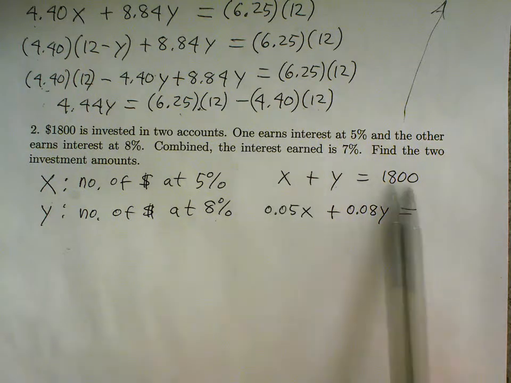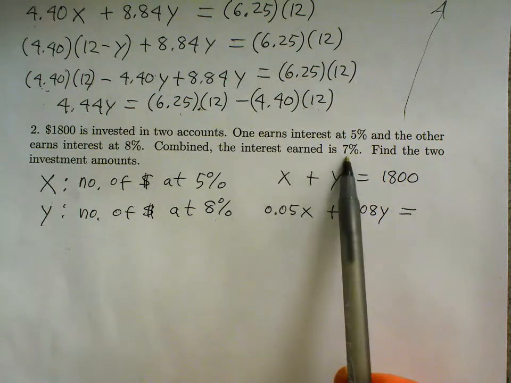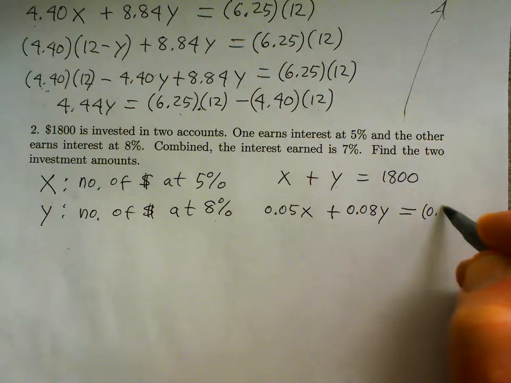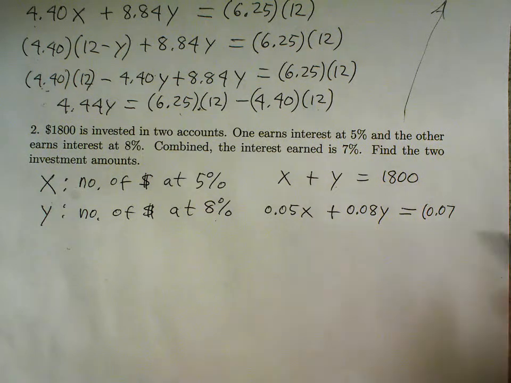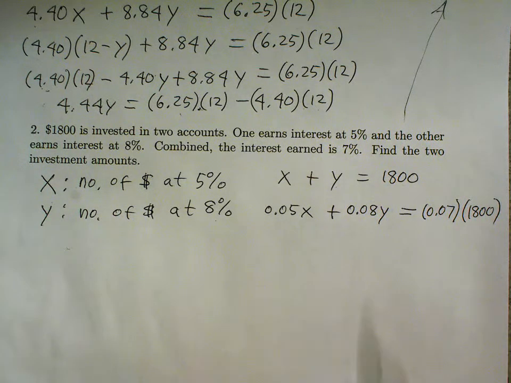And altogether, the $1,800 earns interest at 7%. So here we multiply 0.07 times 1,800. Okay, so here is our system of two equations.